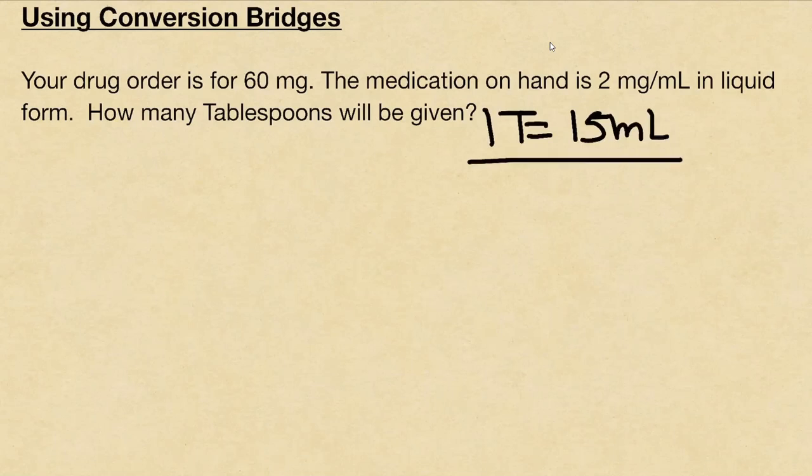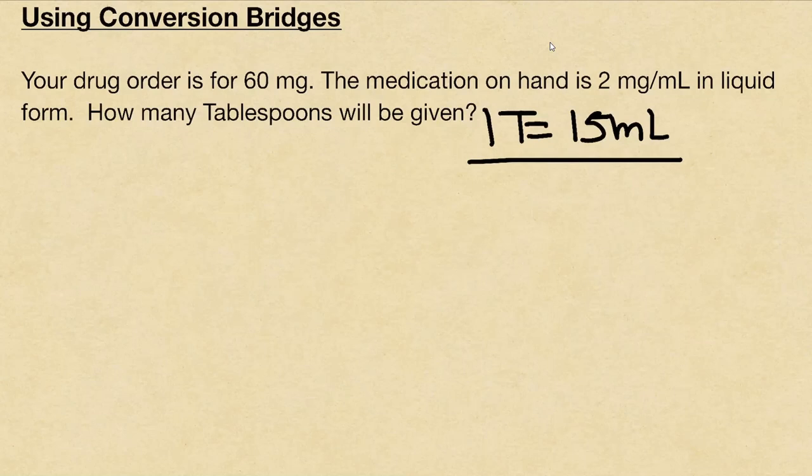If you didn't remember that, just go back to your conversion charts and take a look at those, because I know on some of my tests I do have questions like this, and it'll be on your final. VTNE may also throw some of these types of questions at you that rely on basic conversions. It might not be talking about grains or anything like that, but tablespoon to milliliter or milliliter to tablespoon would probably be a very common one that you might see.